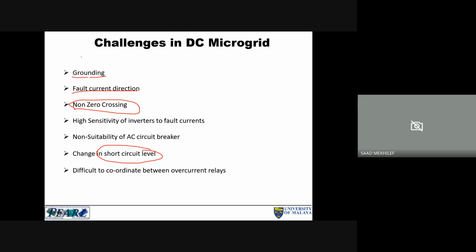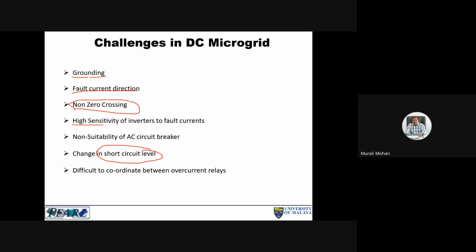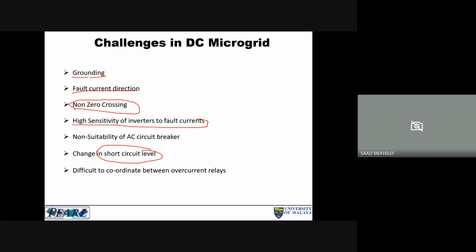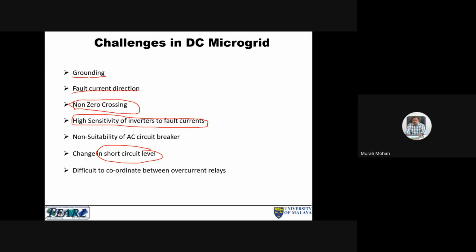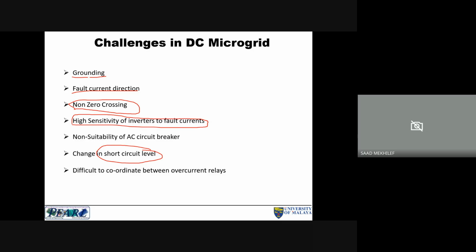Inverters are usually very sensitive to fault currents, meaning they can trip anytime. With small current increases above certain limits they trip, and that may result in frequent tripping. But this can be adjusted; we can adjust the limits of the fault current.